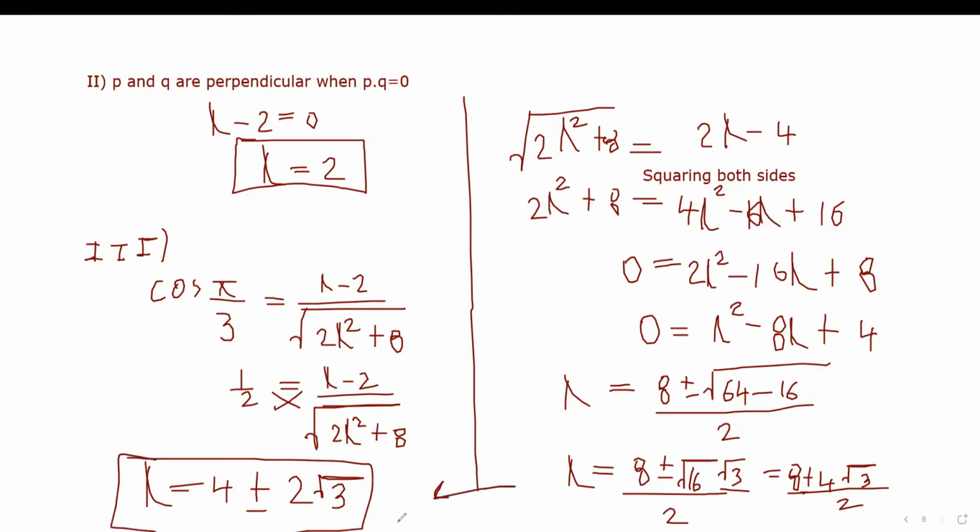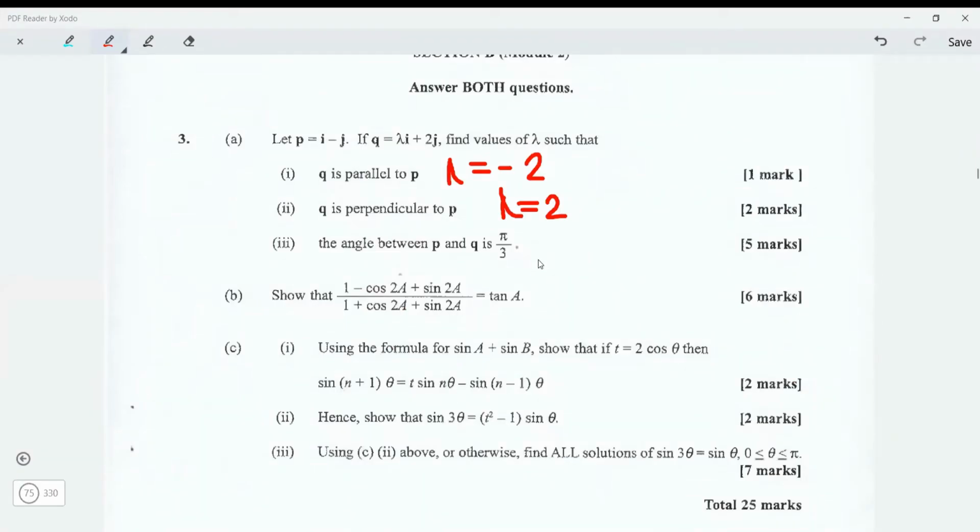All right, that's the last one. All right, so we write that down. Lambda is equal to 4 plus or minus 2 root 3. Cool, is it, Marika? Yes, sir. Cool.